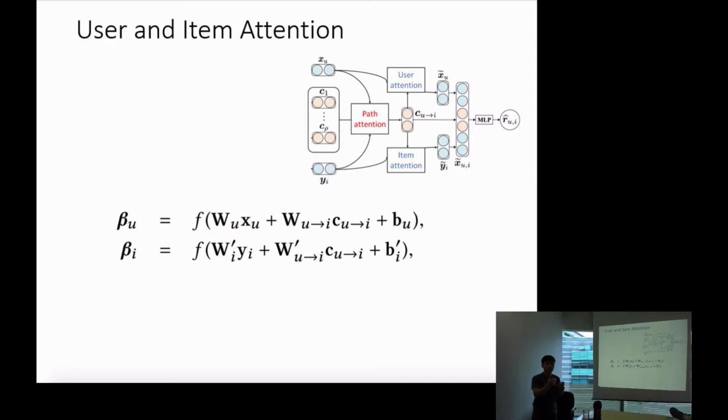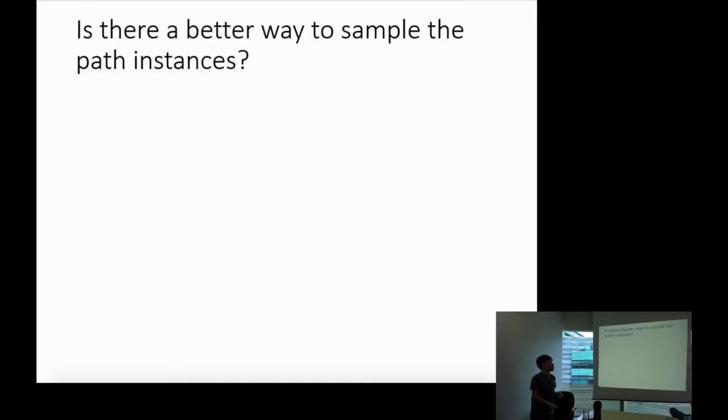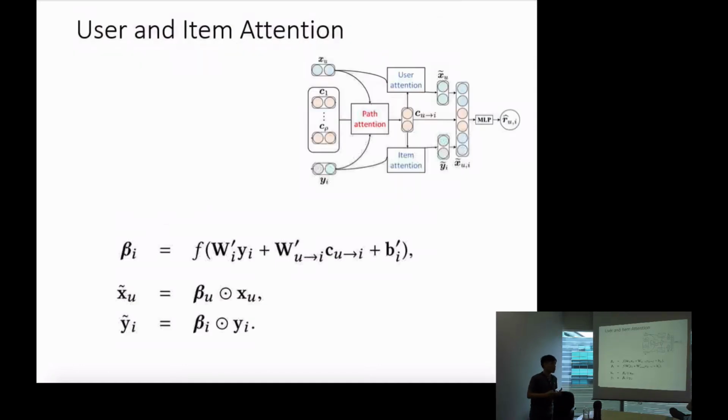Basically they try to reweight each dimension. They have one layer of perceptrons that projects into beta u and beta I, with the same dimensions as the user factor and item embeddings, and then they do element-wise multiplication here to get x tilde u and y tilde I. So at this point, this is the complete model presented in the paper.